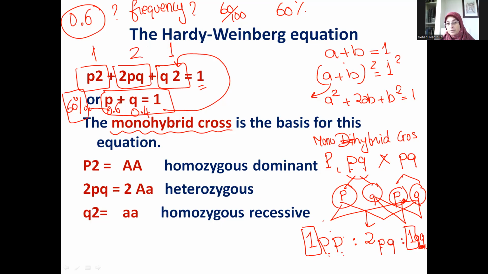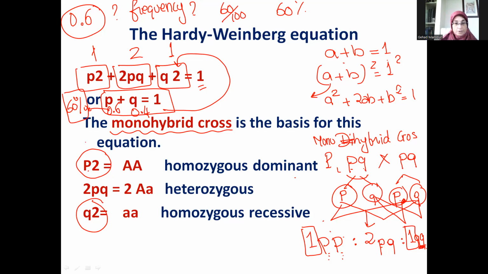This PP, we call it in the equation P squared, and we will say why. So P to the power 2 means the individual that is PP, that is homozygous dominant, and Q squared means that individual that has both recessive alleles.